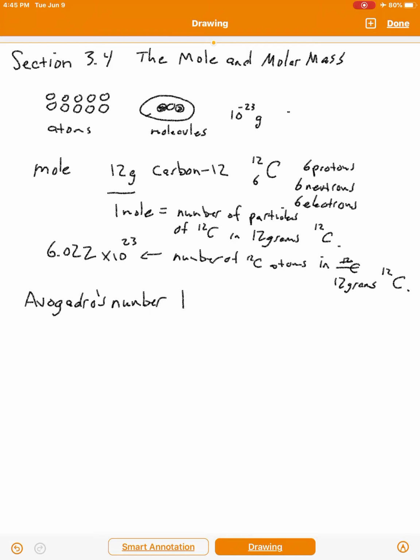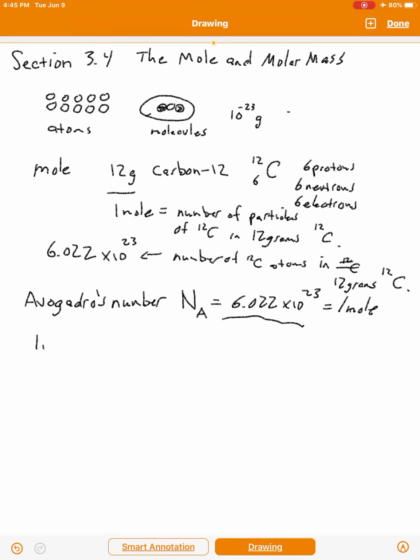The abbreviation for Avogadro's number is typically a capital N for number with a lowercase a for Avogadro. And that is 6.022 times 10 to the 23rd. And we're going to define that as a mole. So if I say I have a mole of something, what I mean is there's that many particles. Okay? And it could be anything.